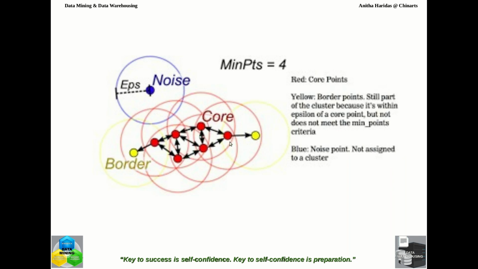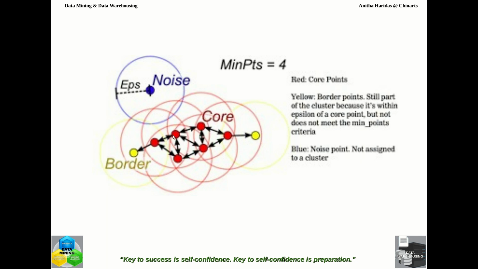All these red dots are core points because the minimum points is equal to 4, and if you take all these data points, the neighborhood will be in this particular region, right? So in this particular region, if I have 4 red dots, then I am going to call it a core point.